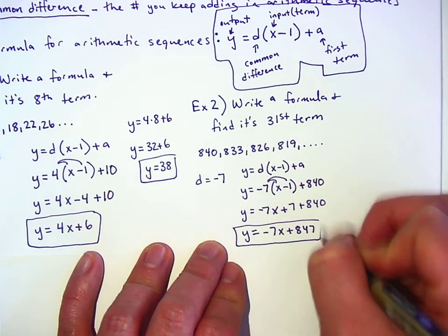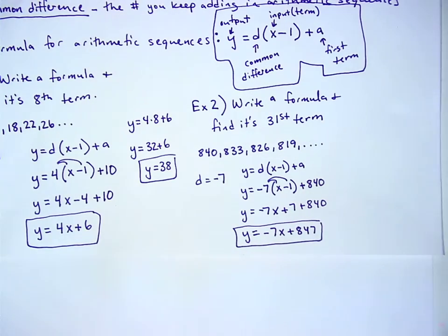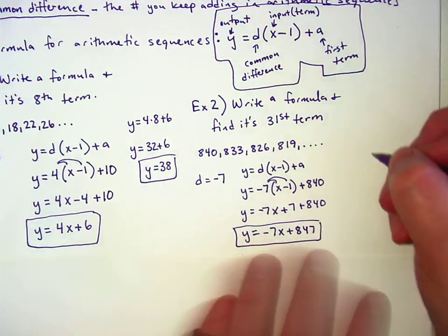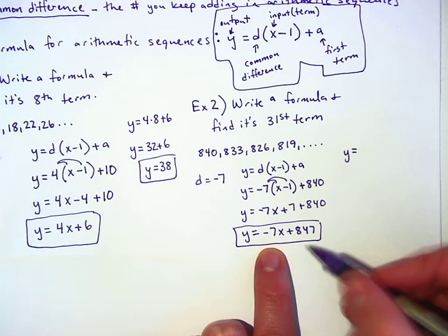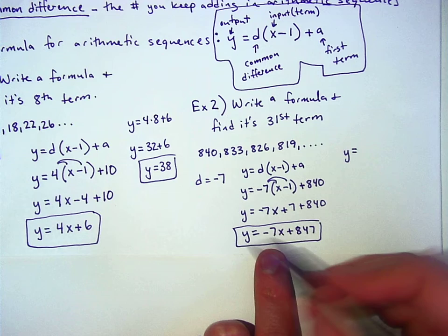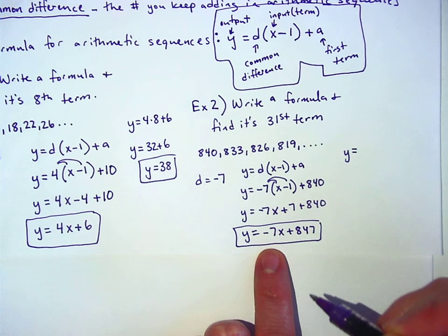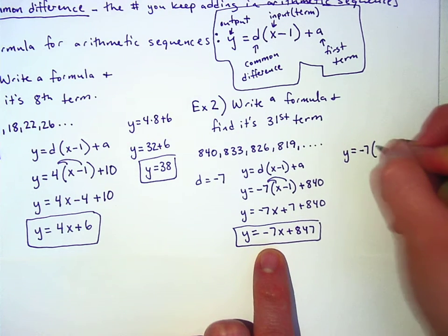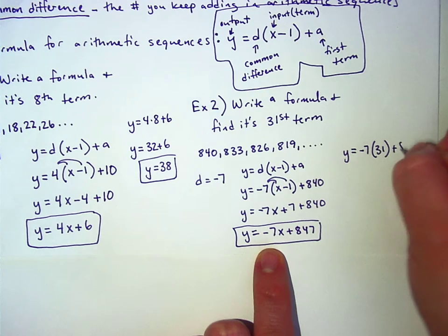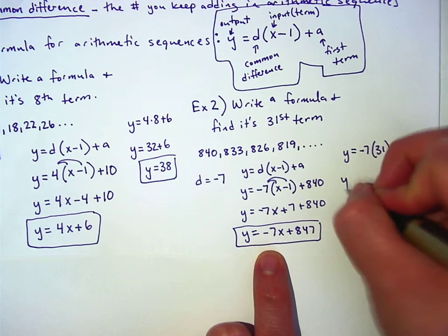All right. Now, Charlie, how do I find the 31st term now that I've got my formula? You multiply by 31. Okay, so should I put the 31 in for x or y? X. So y equals negative 7 times 31 plus 847.